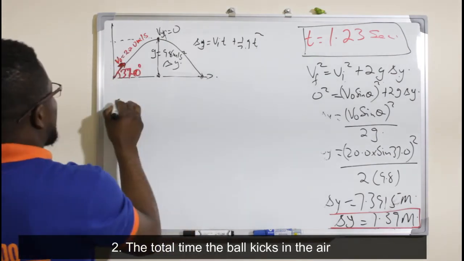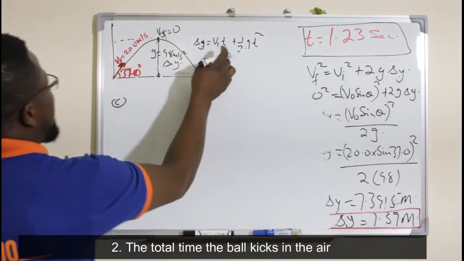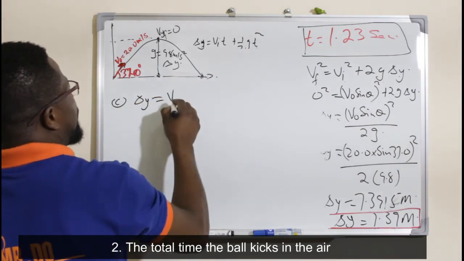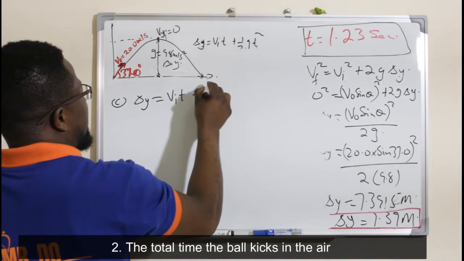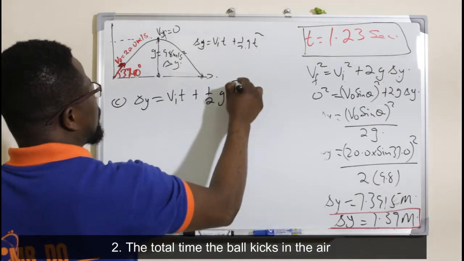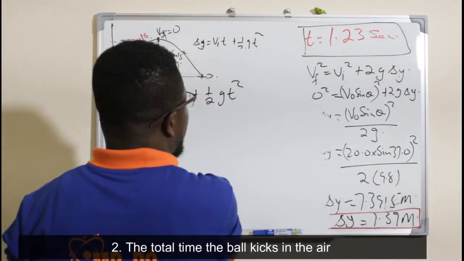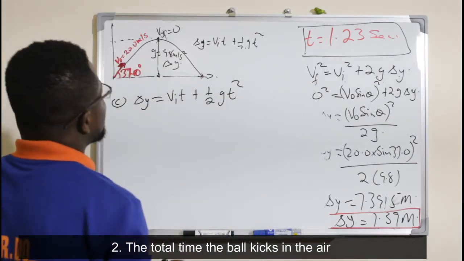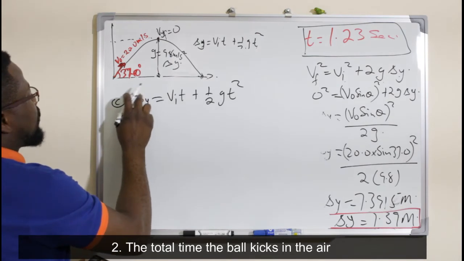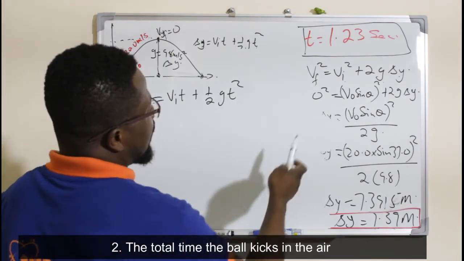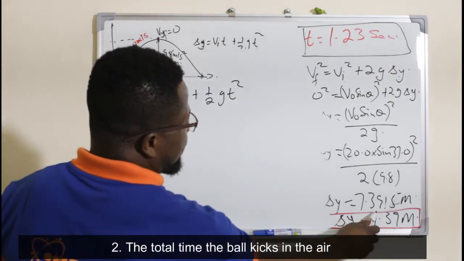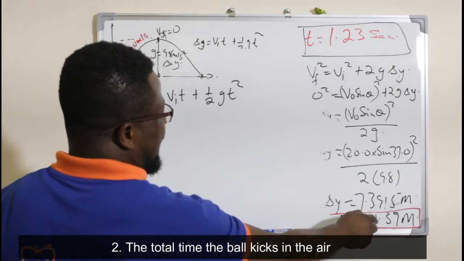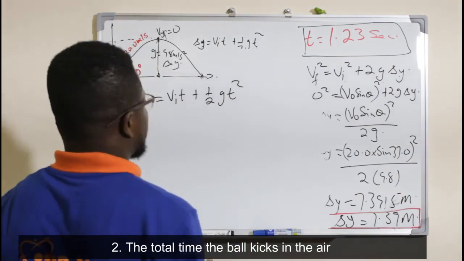Right. So for question C, we make use of change in y equals v_i t plus half g t squared, and what we are looking for is t. What is the value of the displacement? We have calculated that, and we got 7.3915 meters.